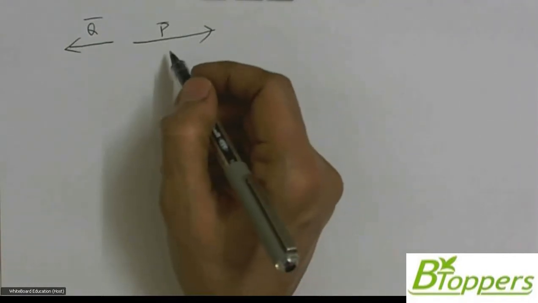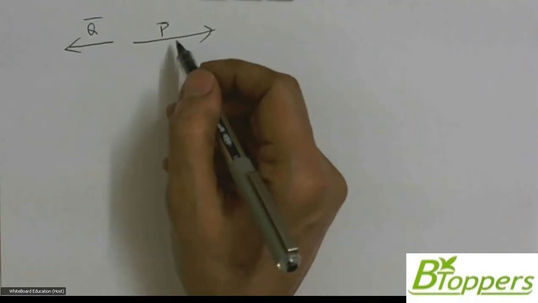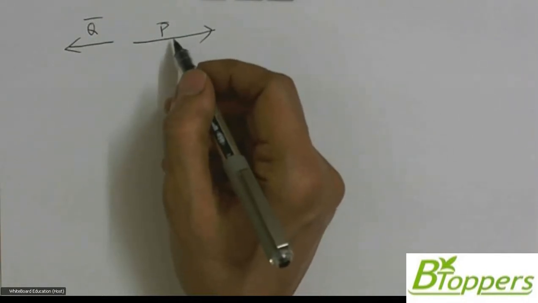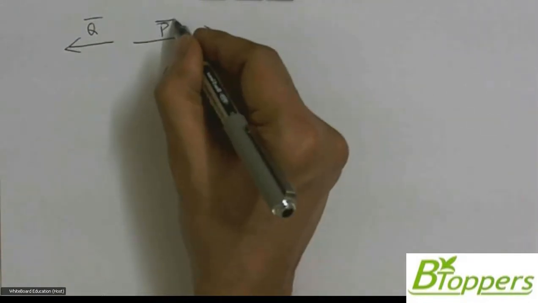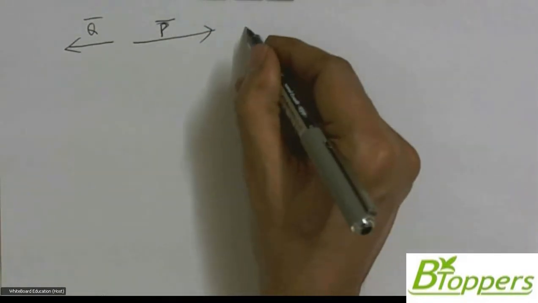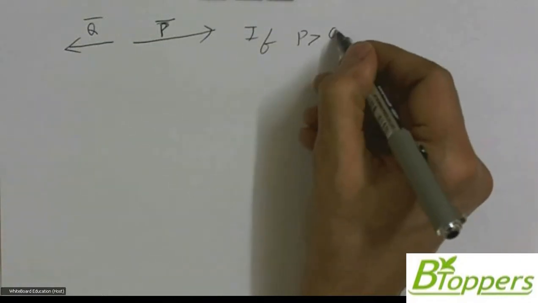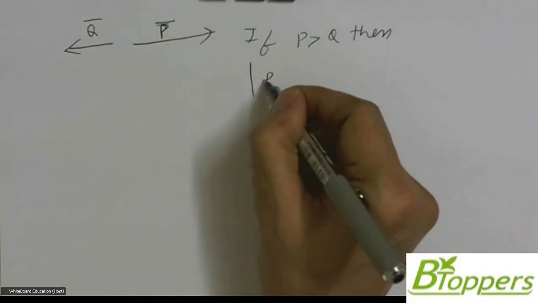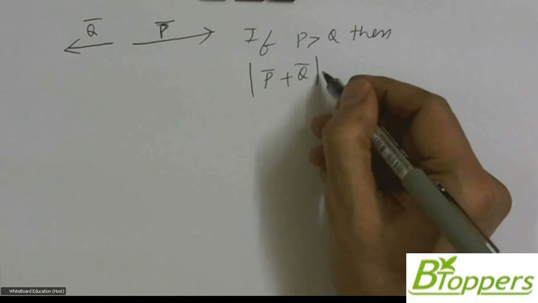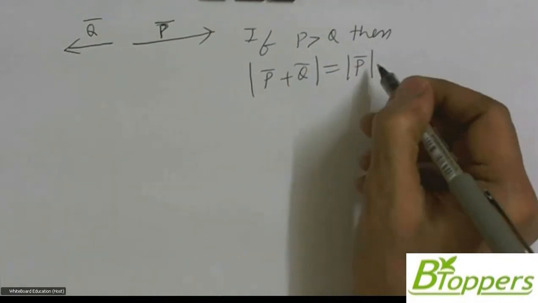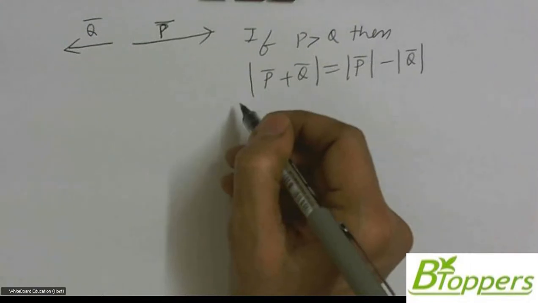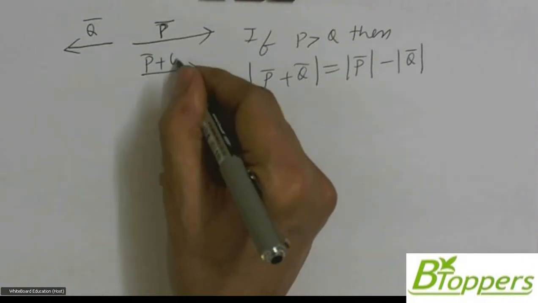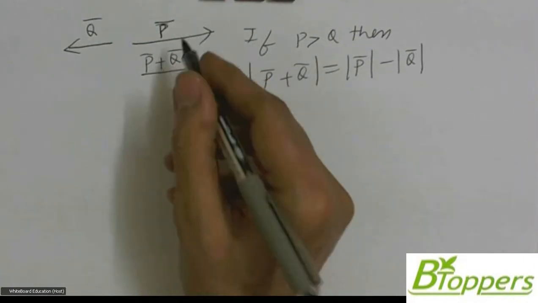The direction of the vector sum or resultant will be same as the direction of the vector with greater magnitude. Suppose if P bar and Q bar act in opposite directions, and if magnitude of vector P bar is greater than magnitude of vector Q bar, then magnitude of the resultant of P bar and Q bar can be written as magnitude of P bar minus magnitude of Q bar. The direction of resultant of P bar and Q bar will be in the direction of vector P bar.